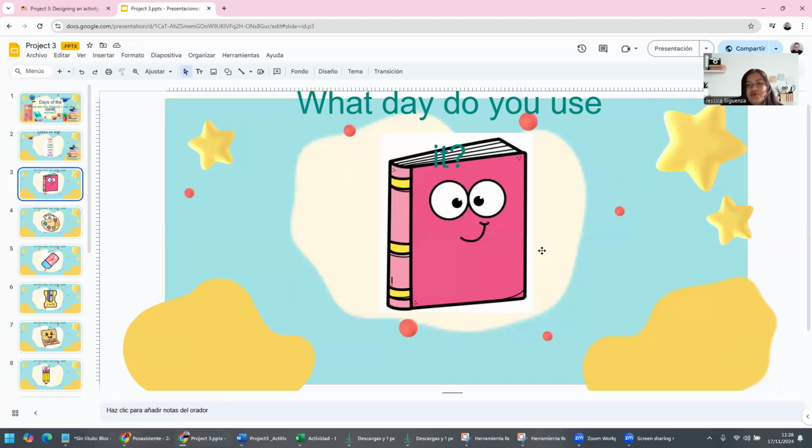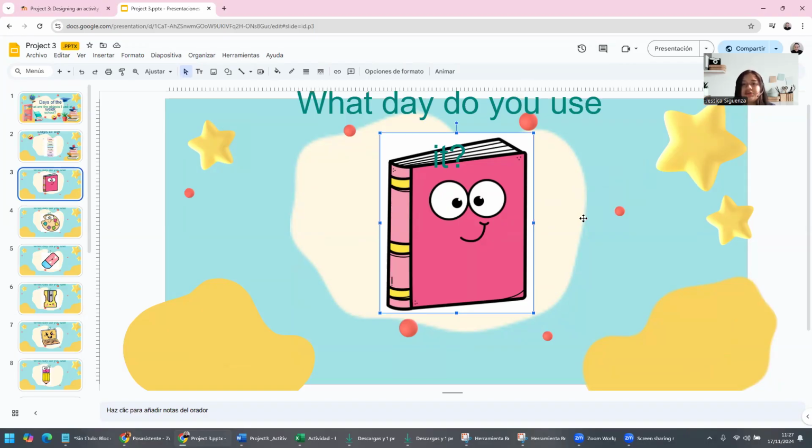What do you use? And the students formulate a sentence using the days of the week, a preposition of time, and the word of any object. For example, what do you use?